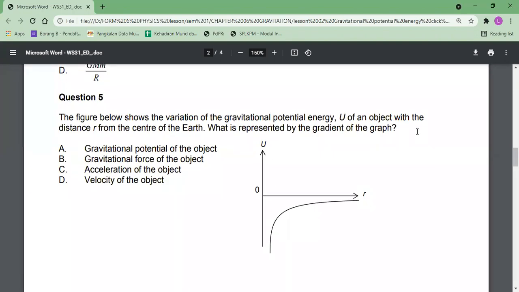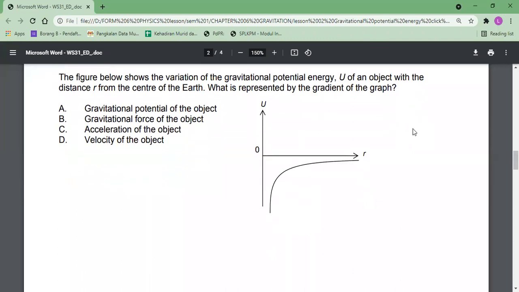The figure below shows the variation of the gravitational potential energy U of an object with the distance r from the center of the Earth. What is represented by the gradient of the graph?